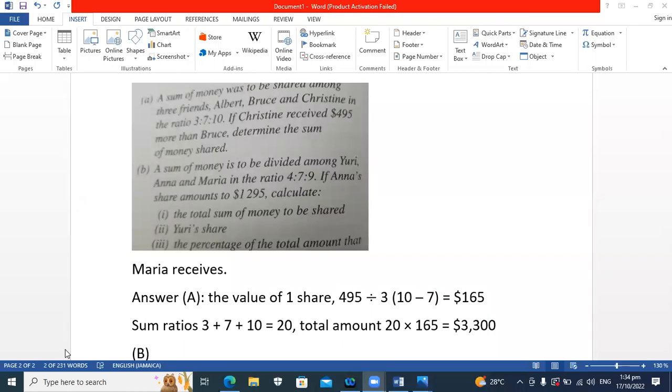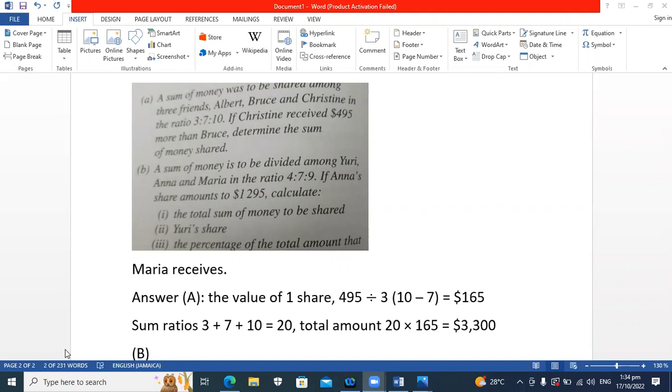Sir, for the 1295, when I divide it, I am dividing by 2. Is that correct? What are you trying to work out? For the question, it says a sum of money is to be divided among Yuri, Anna, and Marie in the ratio of 479.